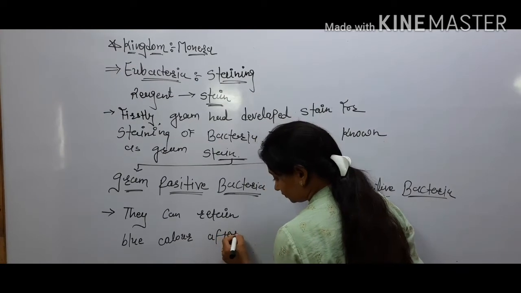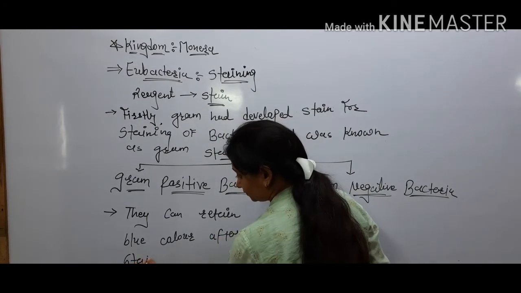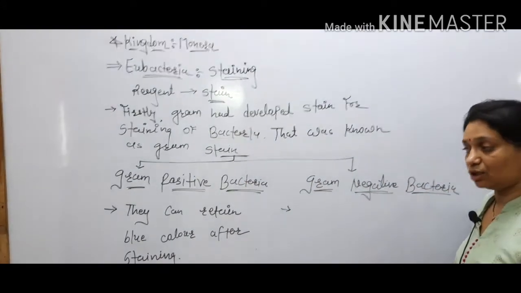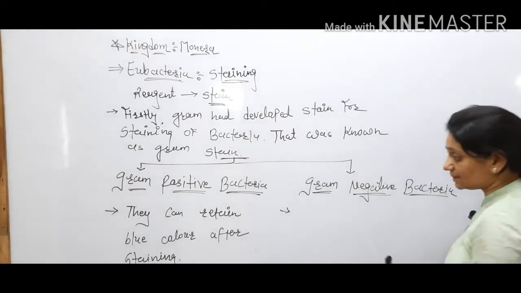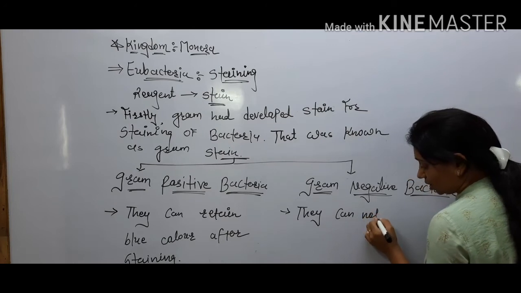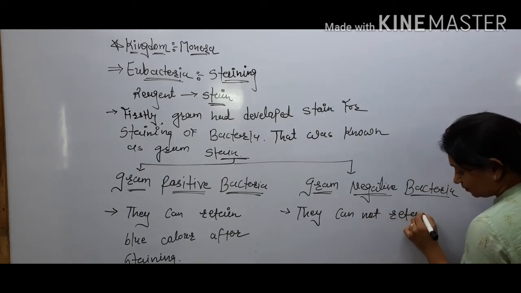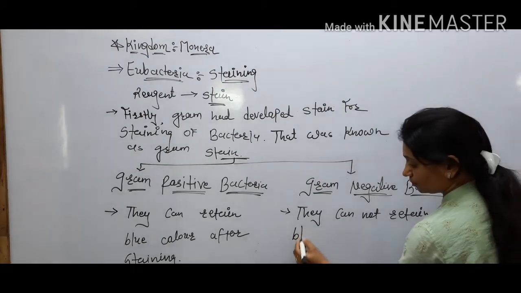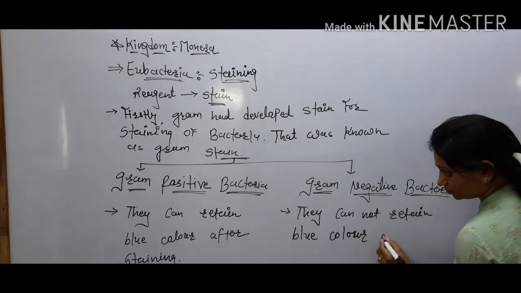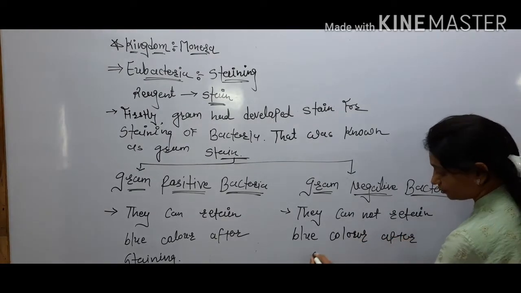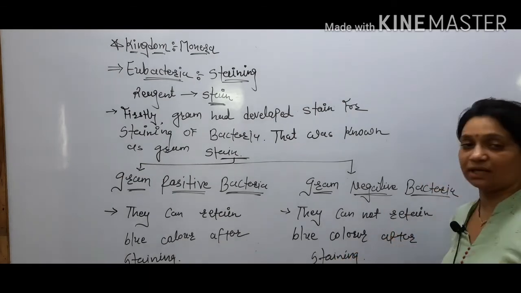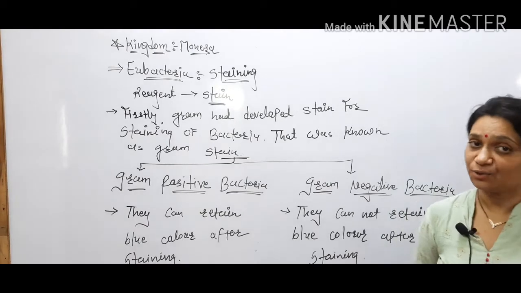And over here we can say that they cannot retain blue color after staining. And because of that they are known as the gram negative bacteria.